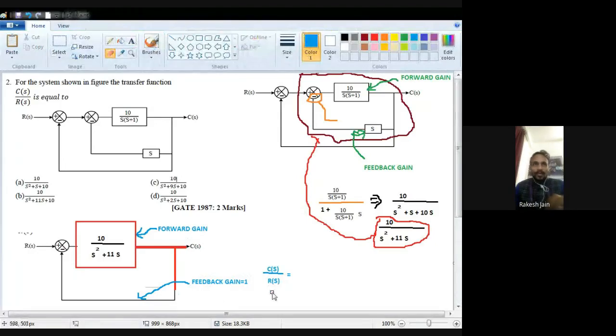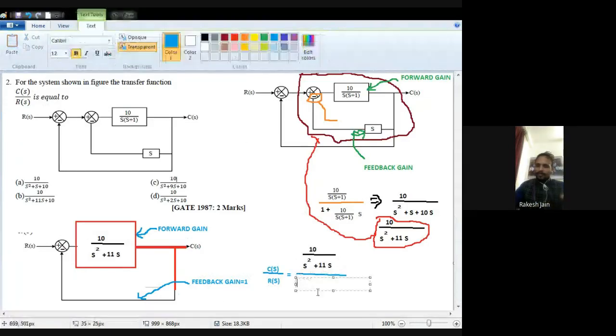So what is the forward gain? Forward gain is 10 upon s square plus 11s. So I just put this same value, forward gain divided by 1, because with negative sign the feedback will be there, so I have to put plus because positive sign.